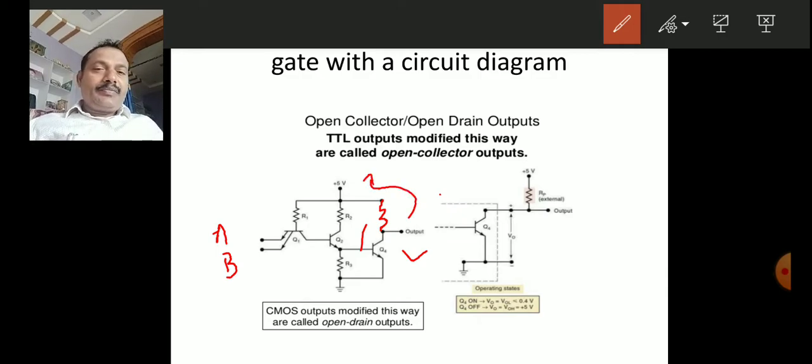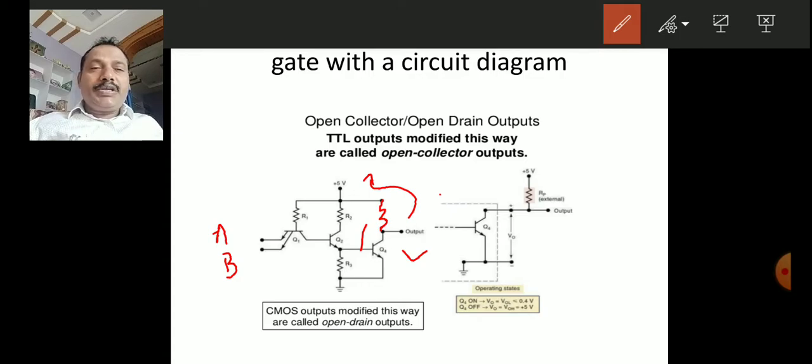That means if either A or B is 0, or both are 0, for all these three combinations, Q1 is conducting and the base current of Q2 is not enough to drive it to conduct, so it is also off.